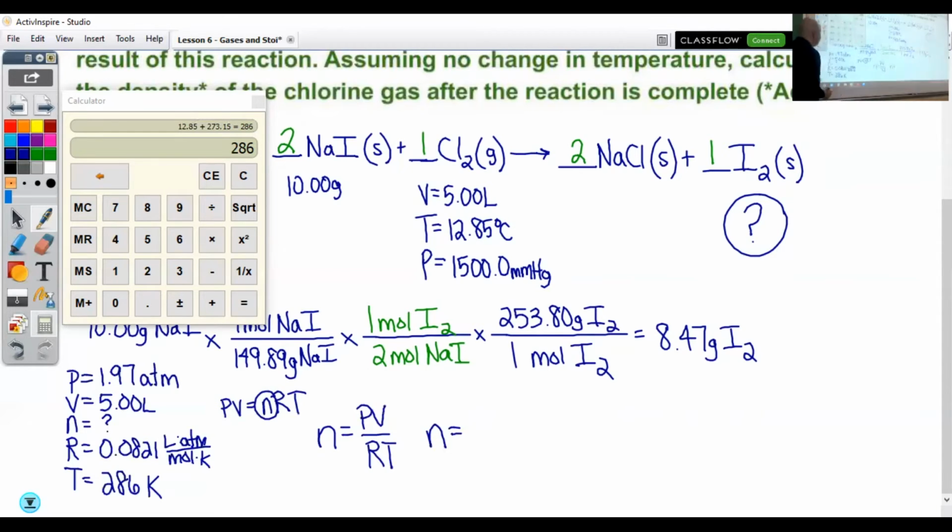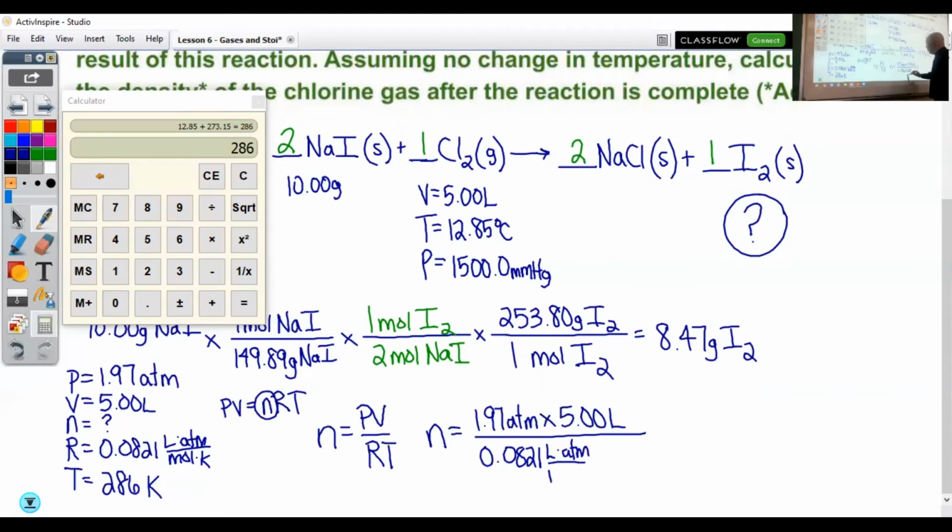So n is going to be equal to our pressure, 1.97 atmospheres, times our volume, 5.00 liters, divided by the value for R, 0.0821 liter ATM over mole Kelvin, times our temperature, which in this case is 286 Kelvin.